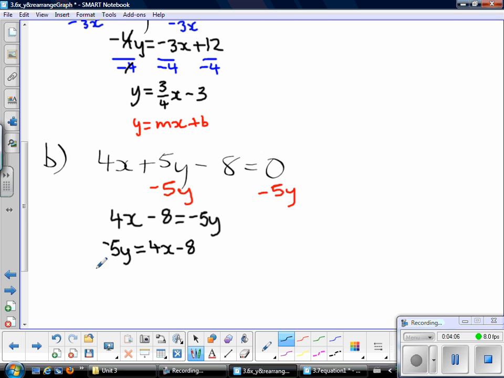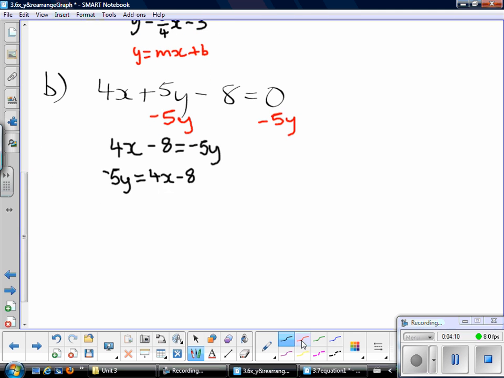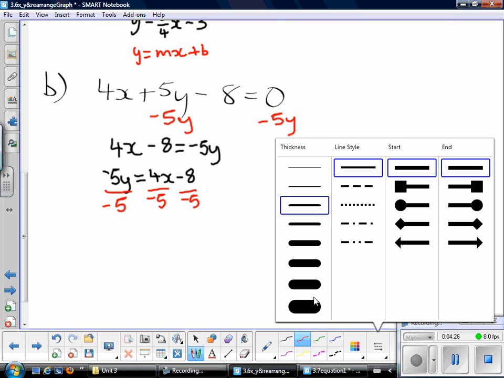Now all I need to do is get rid of that negative 5, and the way that we do that is we're going to divide everything by negative 5. So the x term by negative 5 and the y-intercept term by negative 5. And now we're going to simplify. Again, we end up that our 5's are canceling out for us.